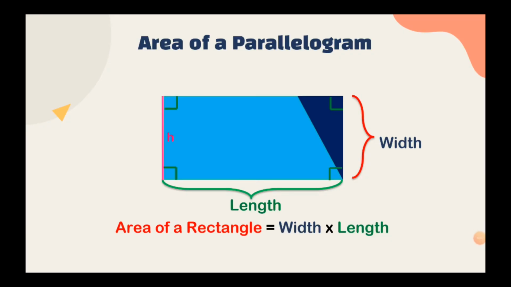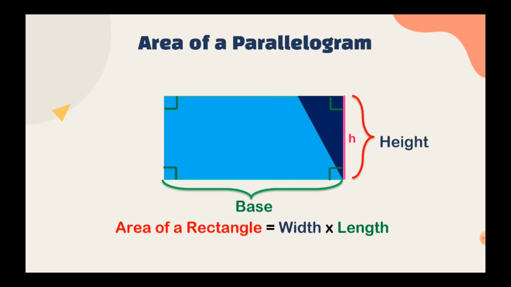As you can realize, the height of the parallelogram in the beginning is equal to the width of the rectangle. And the base according to this height and the length of the rectangle are equal.